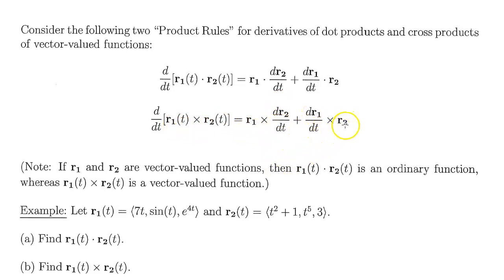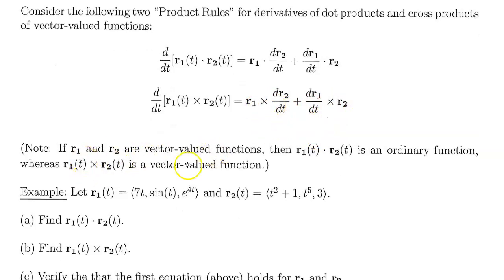And it really matters, the order. You can't flip these around and do r2 cross the derivative of r1, because that would give the negative of this. So you have to make sure you do it in the right order when you're doing the cross product one. The dot product doesn't matter because u dot v is the same as v dot u. But remember, with cross products, u cross v is actually the negative of v cross u. So make sure you do these in the correct order.